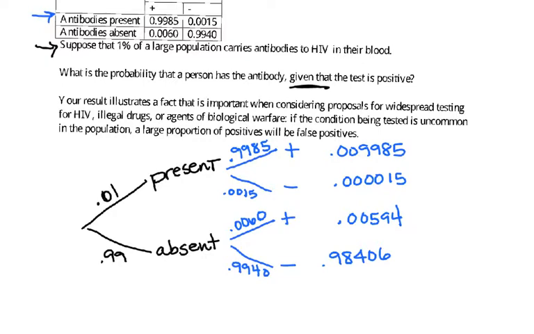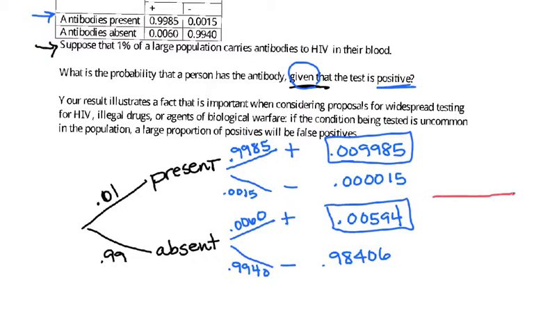Now, since we're asked for a conditional probability and we are asked given that the test is positive, we're only going to look at where the test is positive. We're going to limit things down to there. So the denominator, let me grab a different color just to keep things straight here, is going to be the sum of these two numbers that I've boxed.